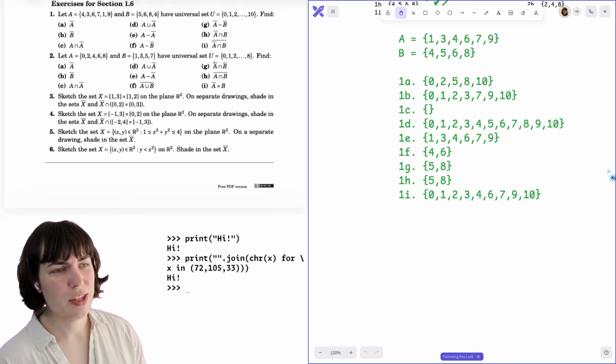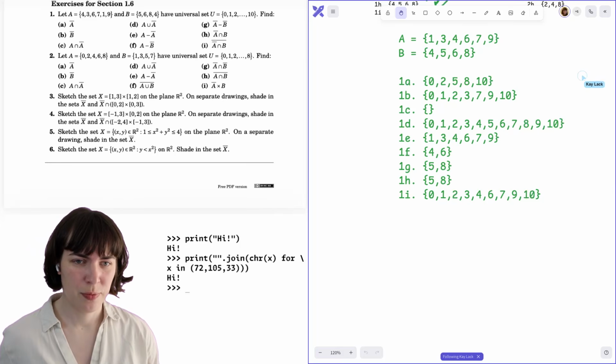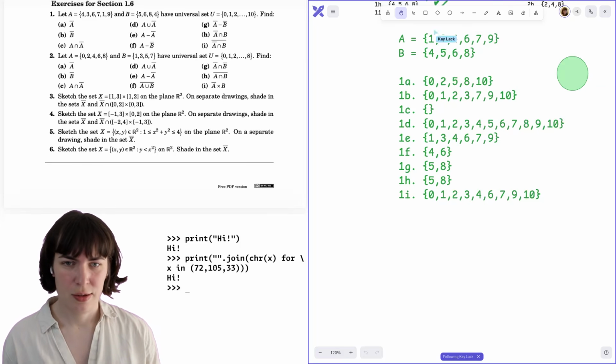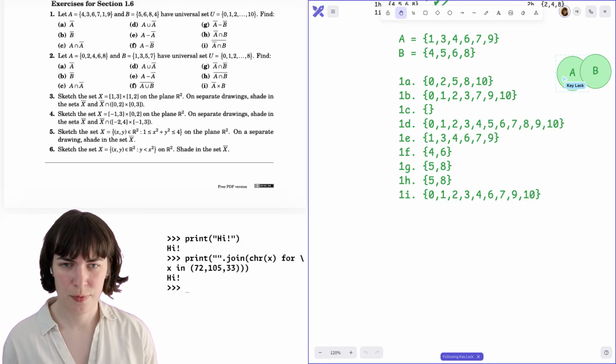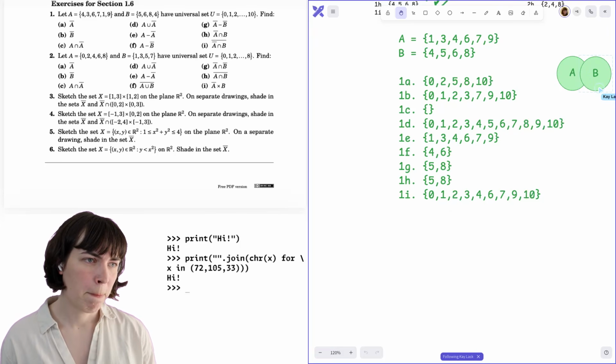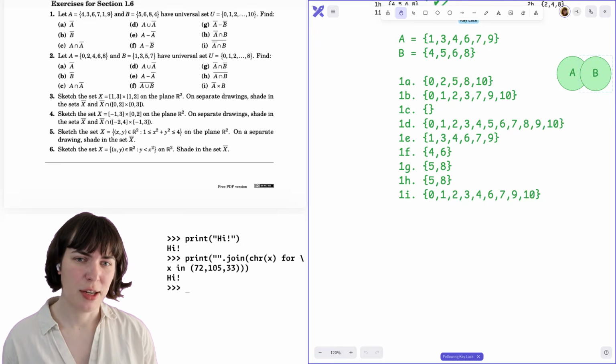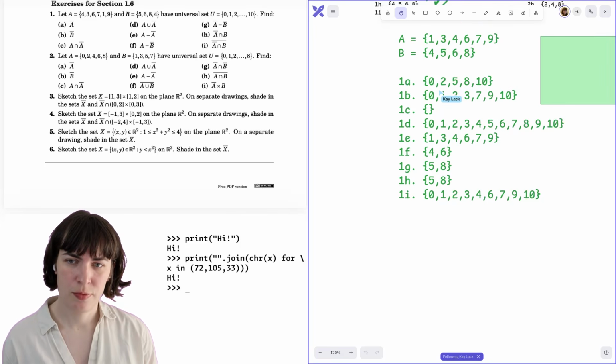Now, it would be interesting to know if these are the same, G and H. So, intuitively, the complement of A and the complement of B, if you union those... No, sorry, intersect those. Let me try and think about this. Let's say we've got these two. If we took the complement of them, we'd get like the cutout.